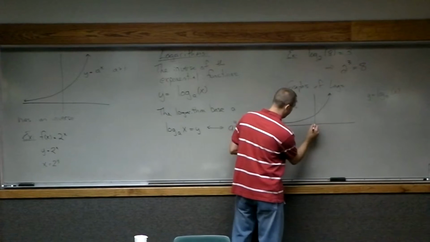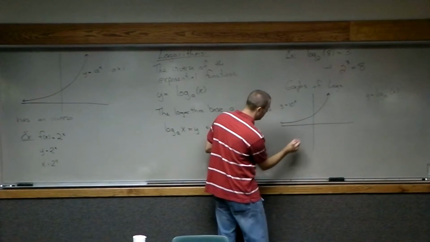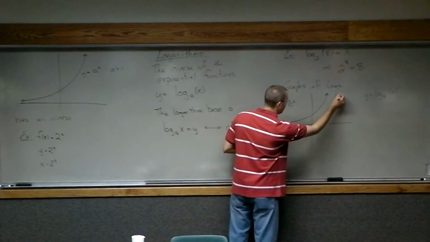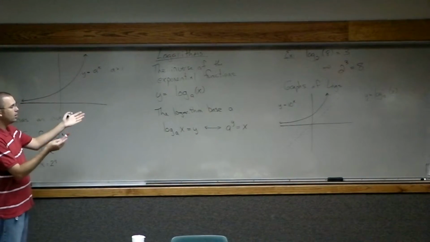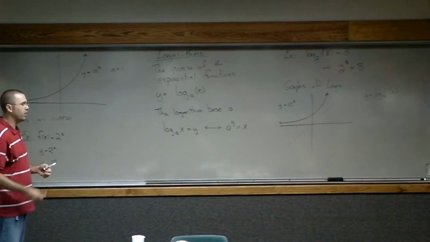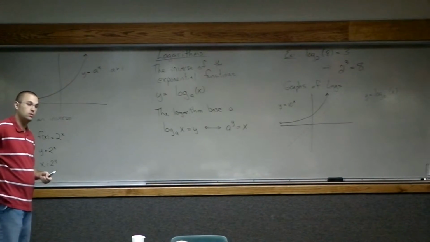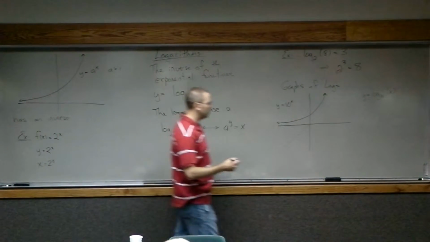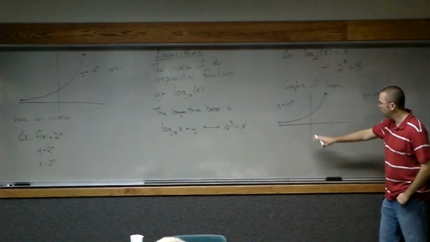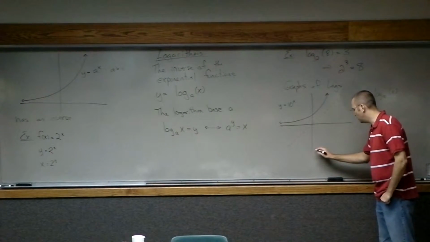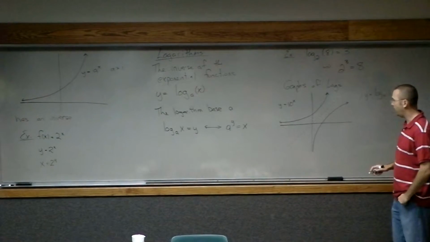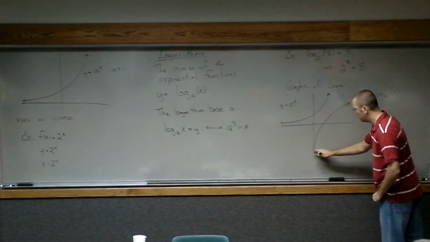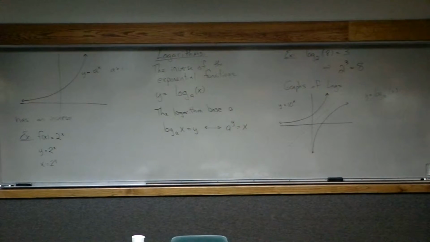If we reflect it over that line, folding our graph over that line, the thing that comes out would be the graph of the inverse function. So if I follow those rules, it should give me something that looks like that.